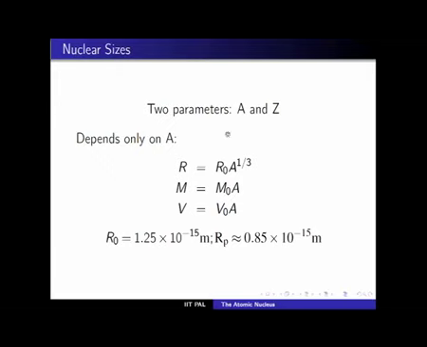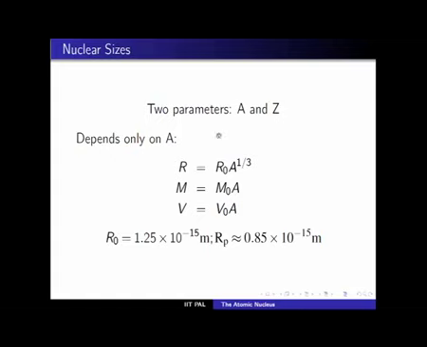And you see that of the two parameters A and Z, only one parameter plays a role, namely the atomic weight and not the atomic number. This is very, very important for us in studying the properties of the nuclear forces, and we will come to that in a while.